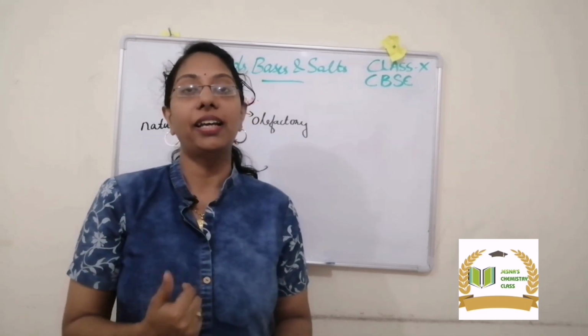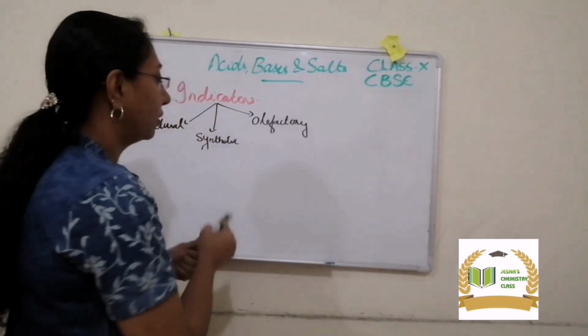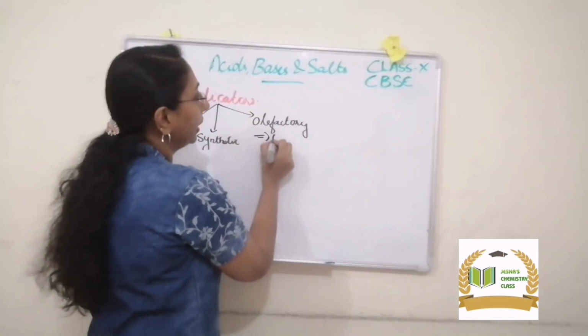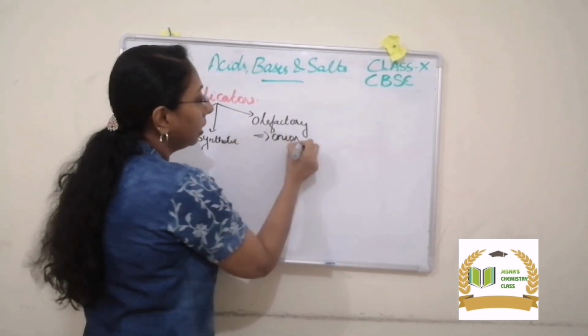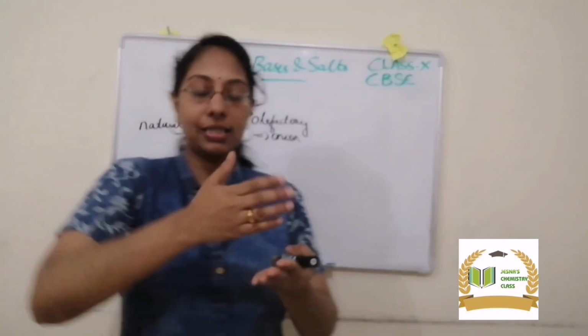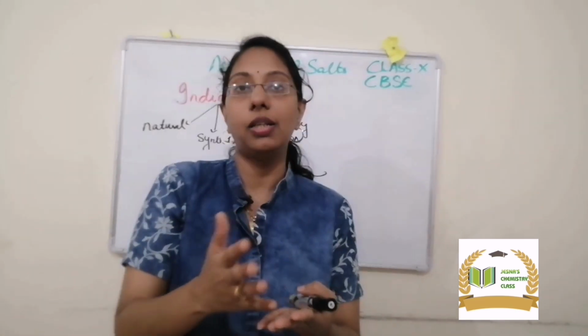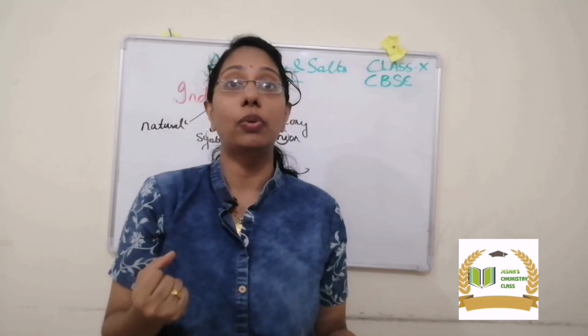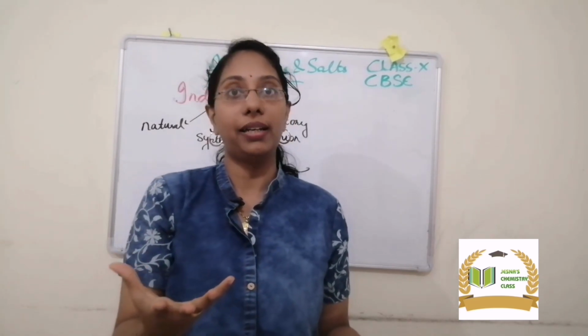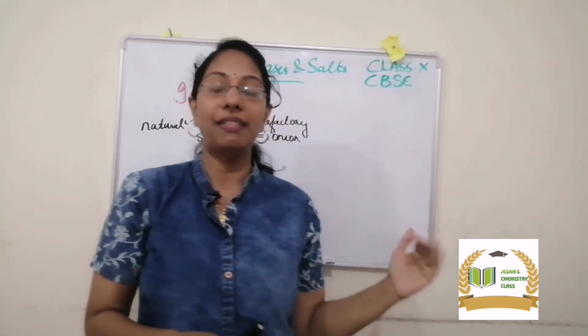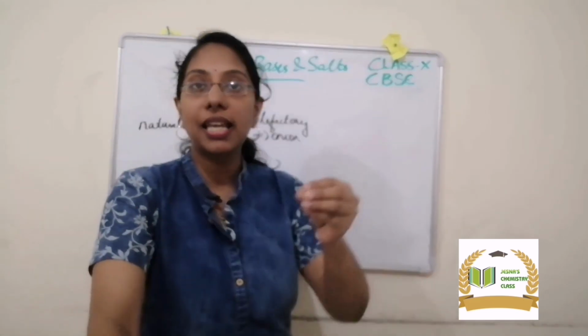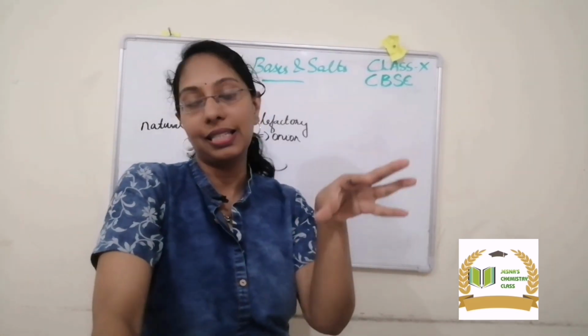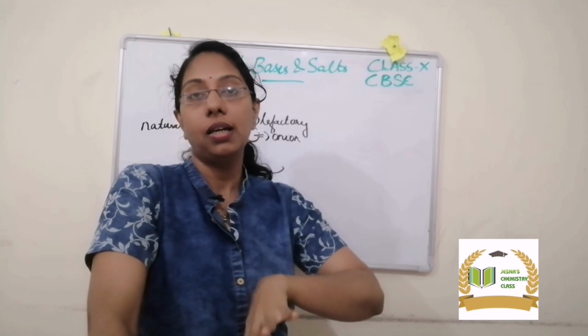A simple example of an olfactory indicator is our onion. We take one onion and cut it into slices. Usually in all our homes acetic acid, vinegar, will be there. Just take some acetic acid and put the onion into it.